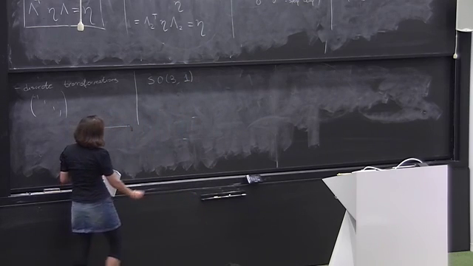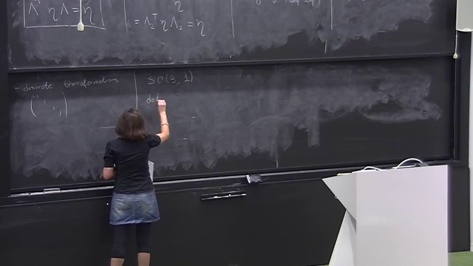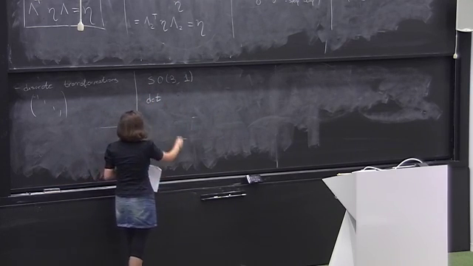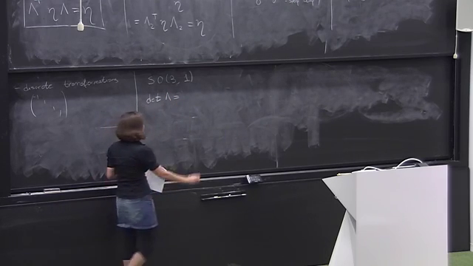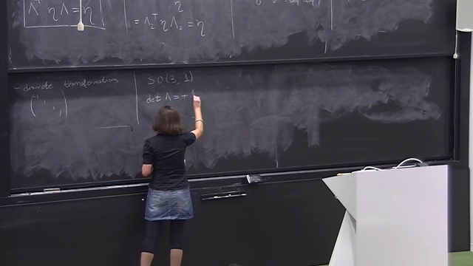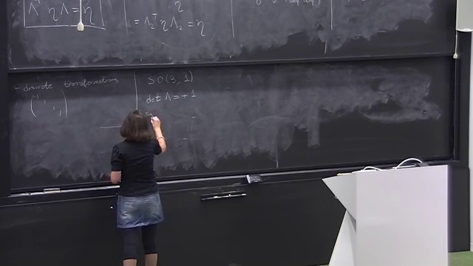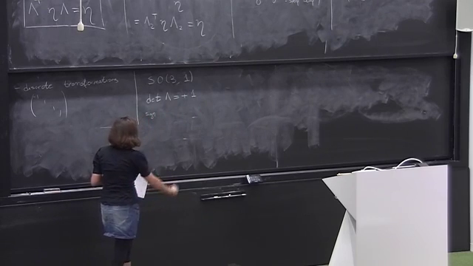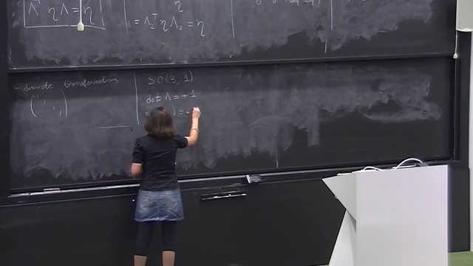So this is the Lorentz group with the extra requirement that the determinant of lambda is equal to plus 1, and that the sign of lambda 0,0 is plus 1.